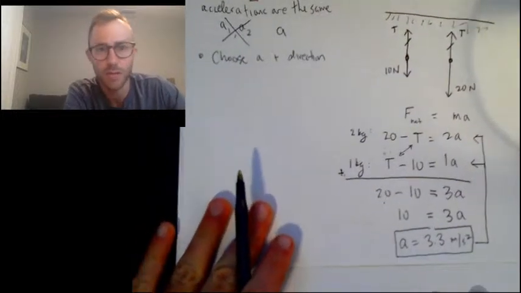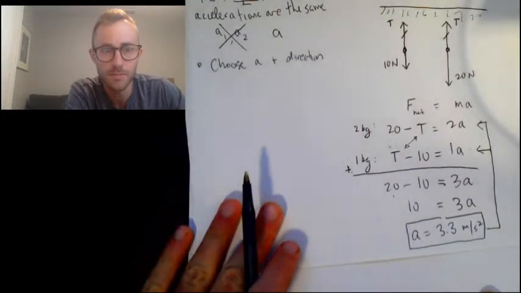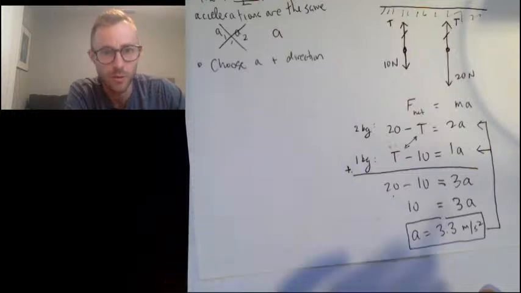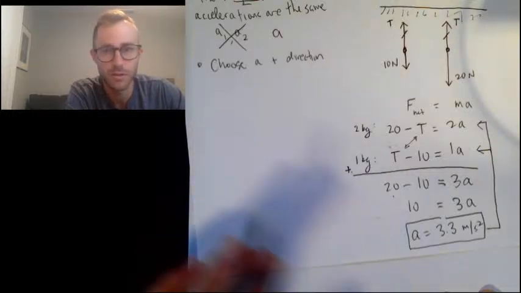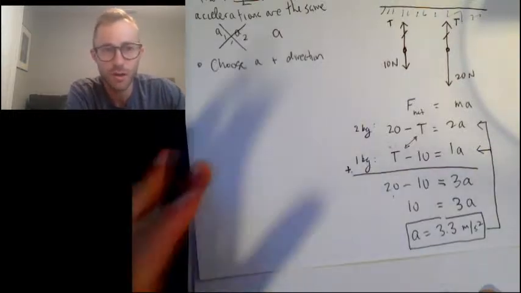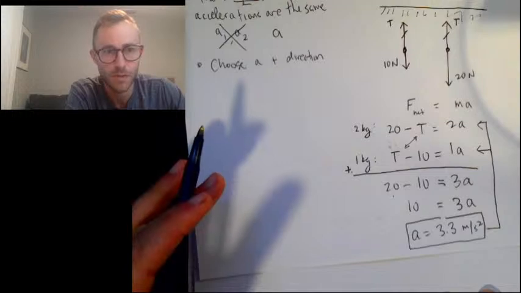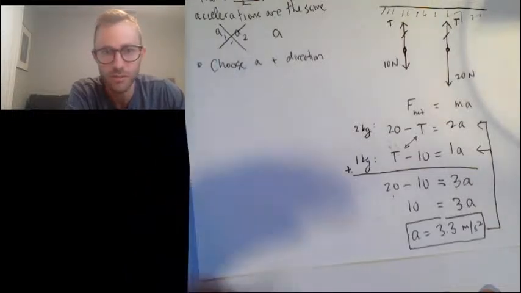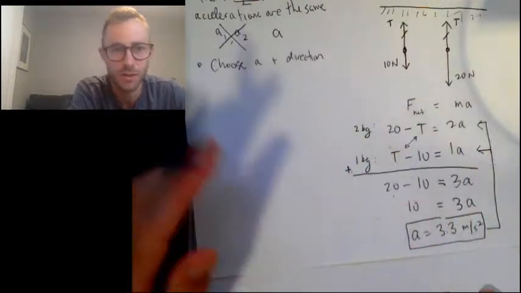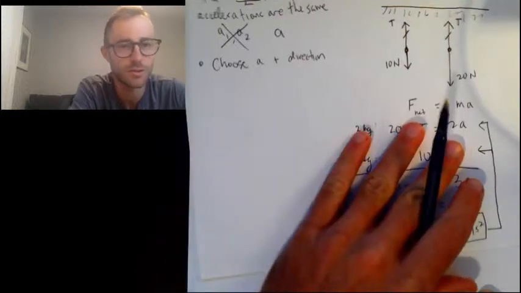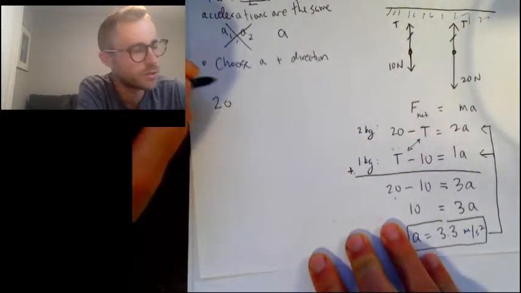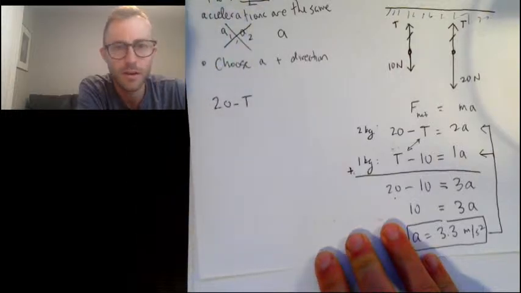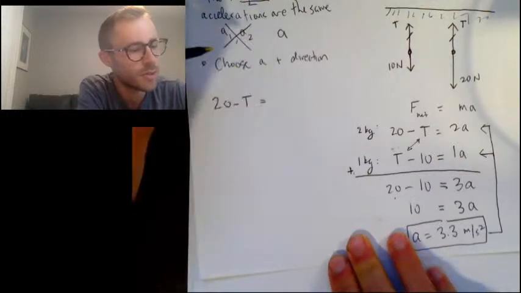Okay, so I'm not going to do that generally, but I will do that for this problem only, just because I want to show you how that would work. But you know, I've been doing physics long enough that I am confident that I have the answer correct, and so I would generally only plug it into one of the two equations. Okay, so let's say I plugged the acceleration into the top equation.